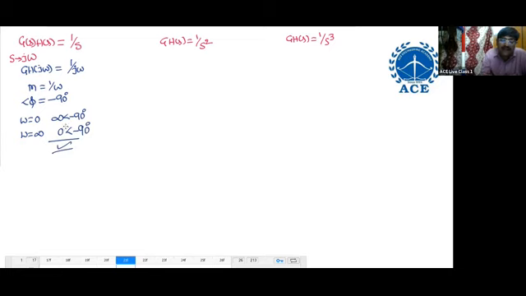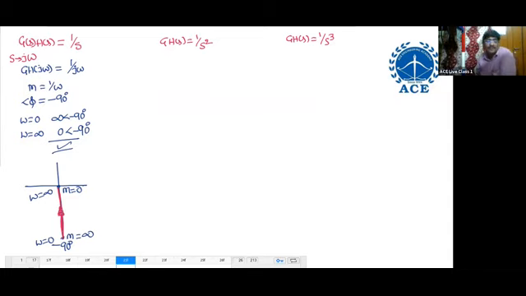Simply a straight line, because phi is independent of omega, simply minus 90. But what is the direction? Omega 0 means magnitude infinity, so it starts at infinity. It ends at omega infinity, so magnitude 0. This is the plot, the direction. This is for 1 by S.